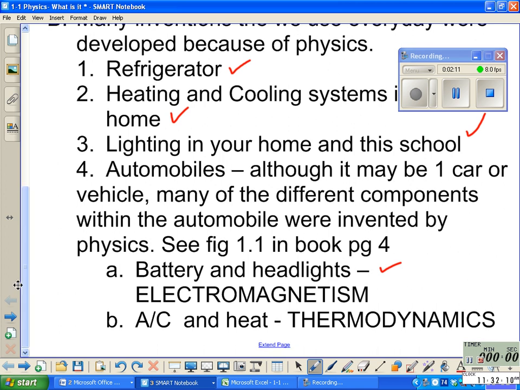Again, these are just brief examples of what physics can do. One car, many components. From the lights to the battery to the cooling, each and every separate component was calculated through mathematics or scientific equations in order to construct the automobile.